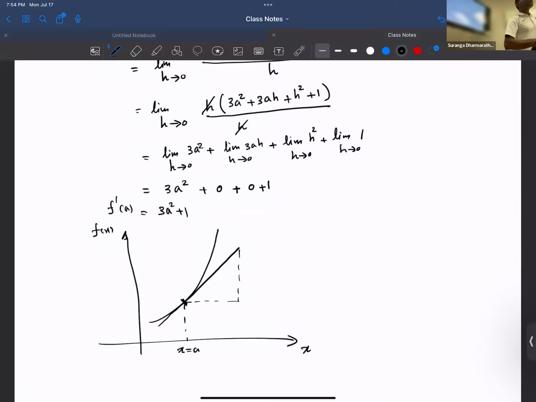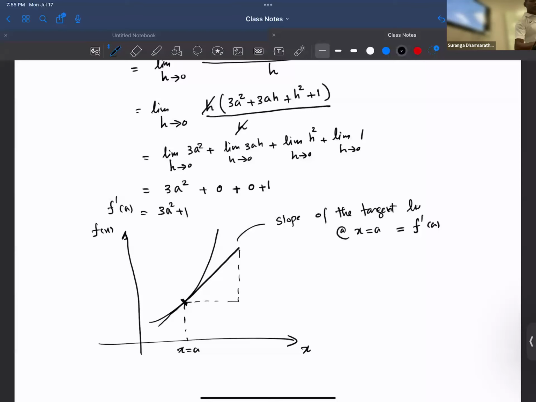That means at this point, the slope of this one is equal to the slope of the tangent line at x equal a, which is equal to f prime of a. Okay.